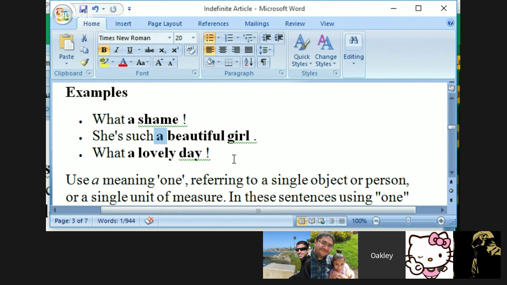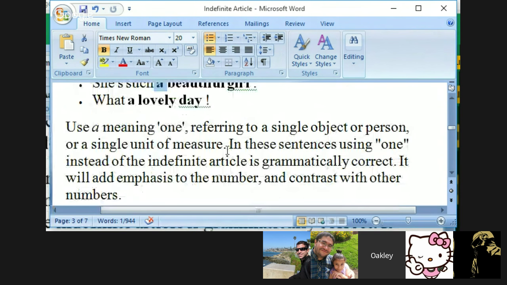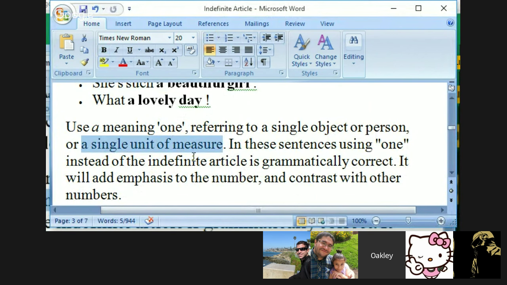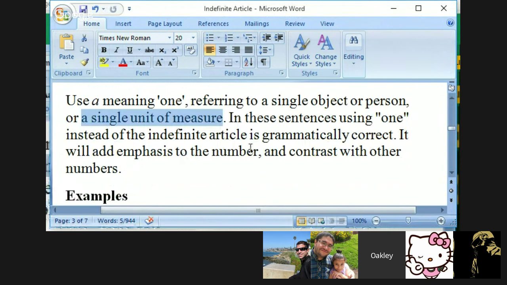Okay, and as I was just saying, a basically means one, a single object or person, or possibly, this is important, a single unit of measurement. For example, we can look at many examples where actually substituting the word one for the indefinite article is grammatically perfectly correct.